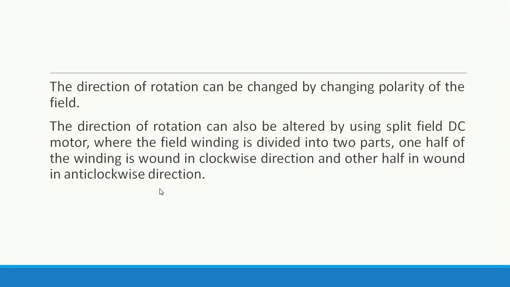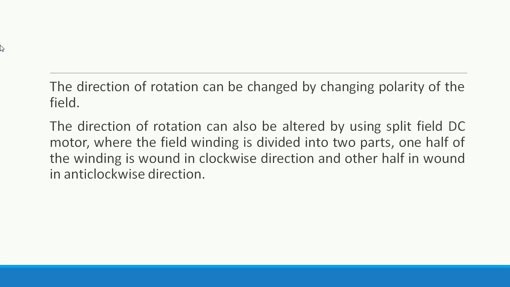Second thing, the direction of rotation can be changed by changing the polarity of the field. If you change the polarity of the field flux, you can change the direction of rotation of the shaft. The direction of rotation can also be altered by using a split field DC motor, where the field winding is divided into two parts.